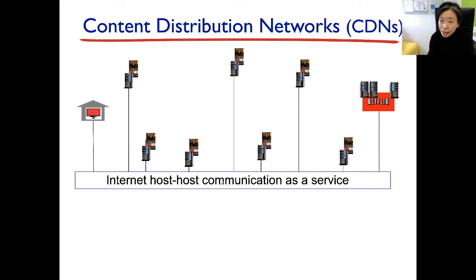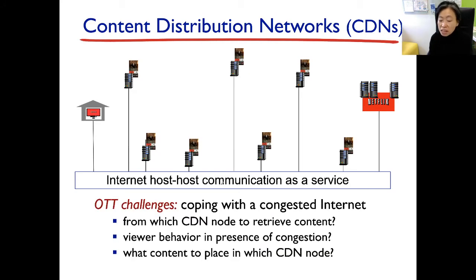Now, maintaining such a network such that it works very efficiently distributing content is not easy. There are a lot of key design challenges. One is, as we mentioned earlier in the example, the client will select a nearby CDN node to retrieve the content. That is usually because the delay will be shorter, and the segment of internet involved in the communication is short as well, therefore less chance of other traffic interfering with this one.